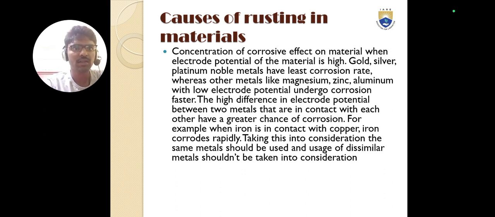Gold, silver, platinum, noble metals have the least corrosion rate, whereas other metals like magnesium, zinc, aluminum with low electrode potential undergo corrosion faster. A high difference in electrode potential between two metals that are in contact with each other has a great chance of corrosion.